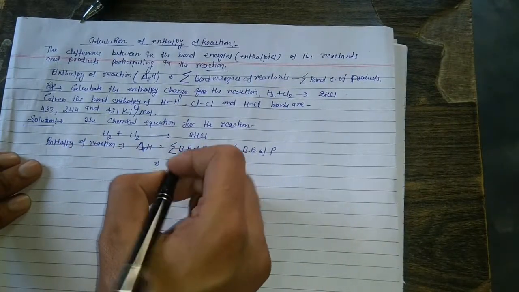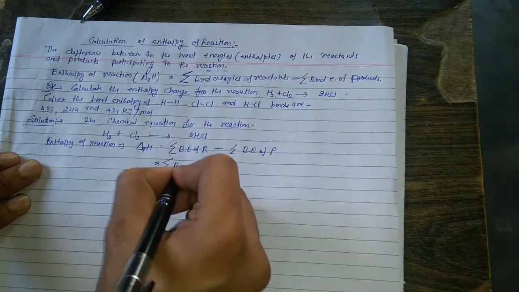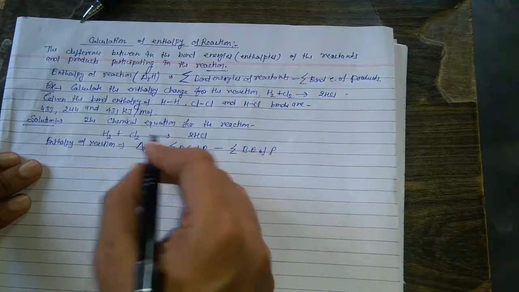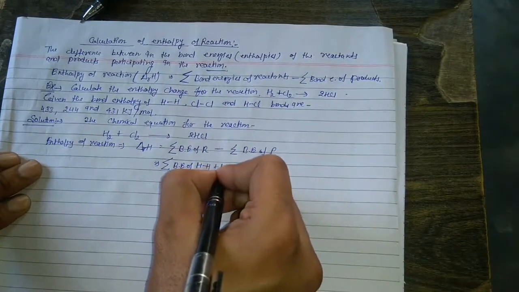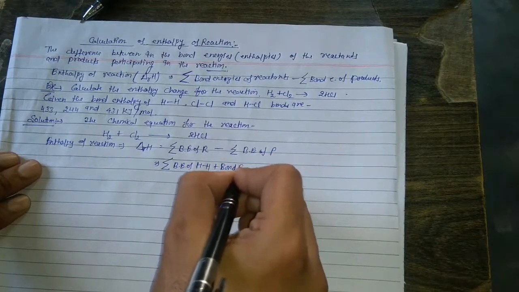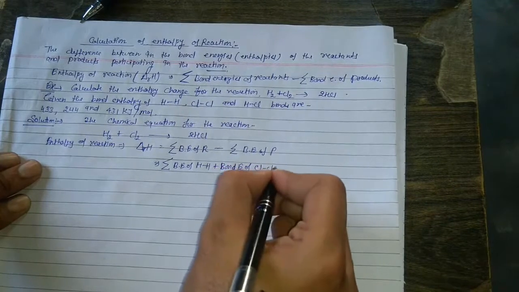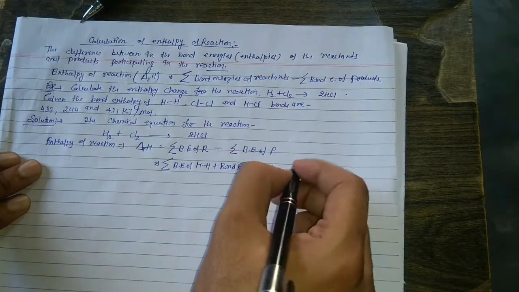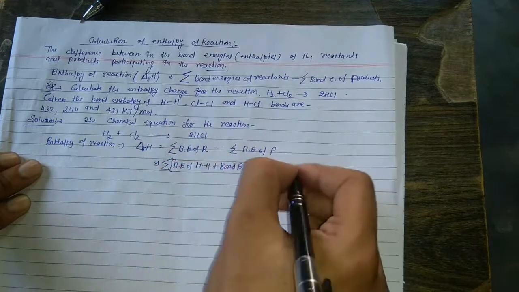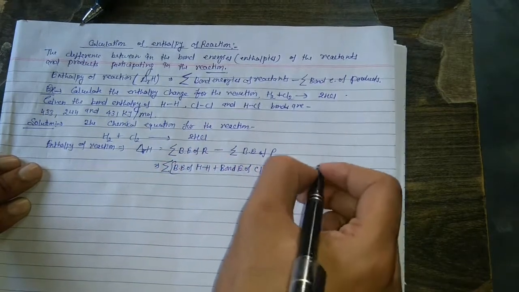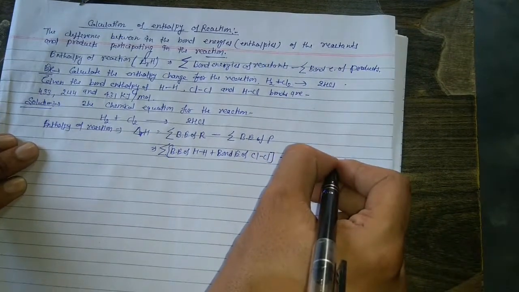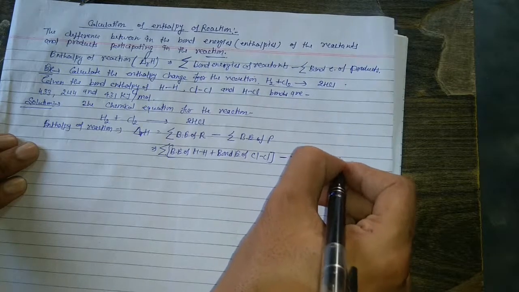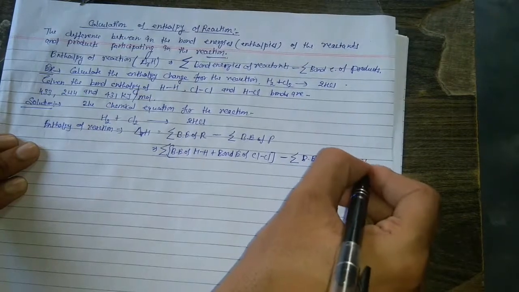According to our question, we have the bond enthalpy of hydrogen single bond hydrogen, plus the bond enthalpy of chlorine single bond chlorine, minus the product bond enthalpy of 2HCl, in which we write 2 times hydrogen single bond chlorine.